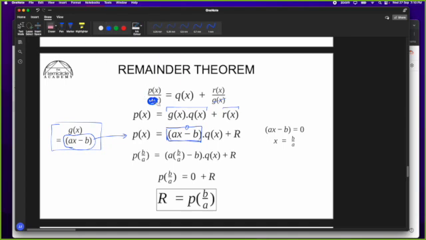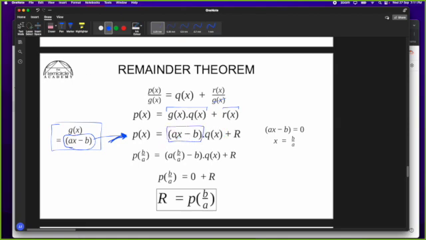So we usually don't like the divisor to be 0. But in this particular equation here, we don't actually have the divisor dividing anything, so we don't have to worry about that. If this was 0, then that would cancel out this entire thing, and I would just have p of x is equal to the remainder. How do I get this to be 0?